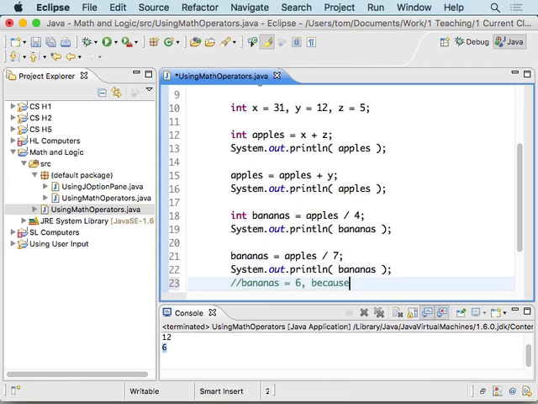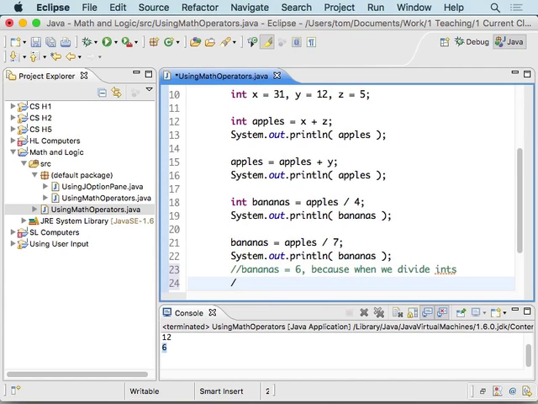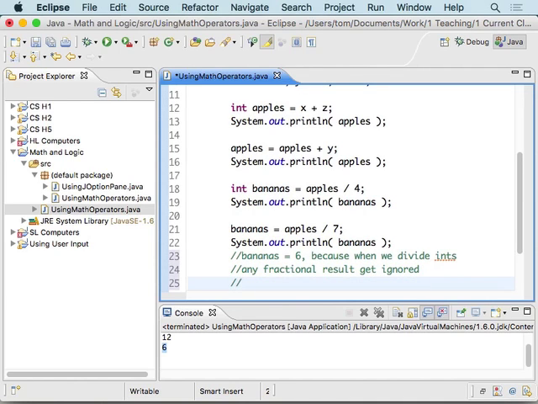Because when we divide ints, any fractional result gets ignored, basically. Okay? The technical term for that is it gets truncated, which means it just gets cut off.